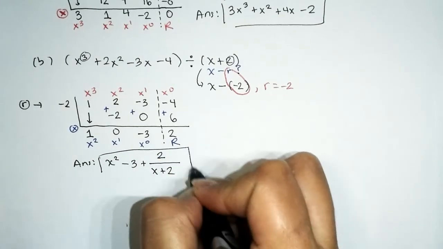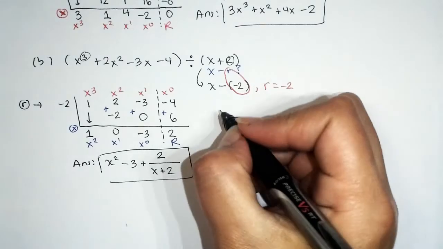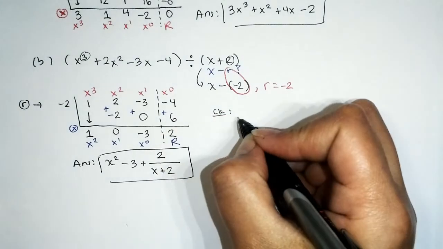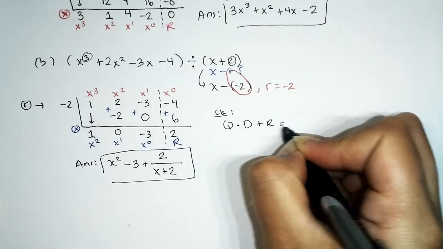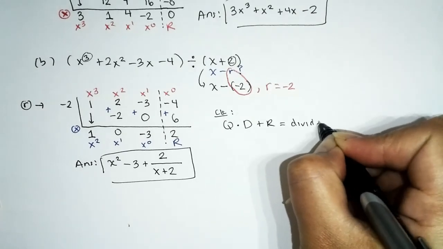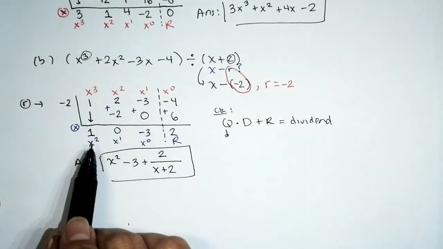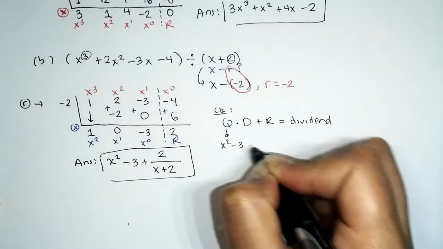Alright, so let's check our answers, because if you have a take-home assessment, I'm pretty sure you're not going to get partial credit. To check it, we check it the same way we do with whole numbers. Quotient times divisor plus remainder should equal dividend. In English, the quotient is the number of times that it goes in cleanly, so that's x squared minus 3.